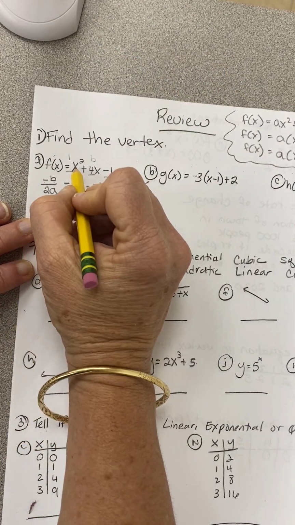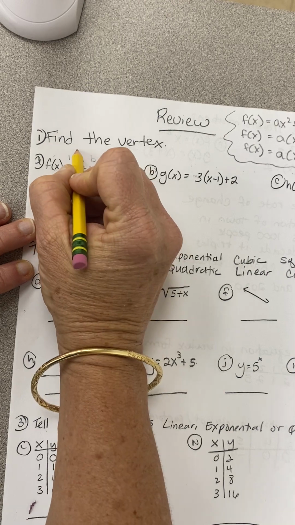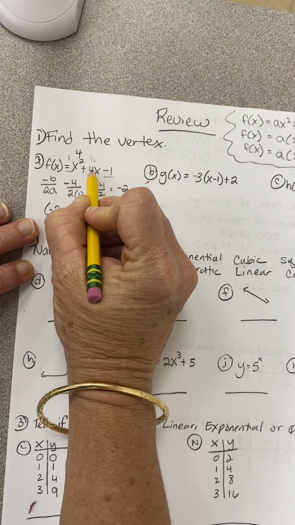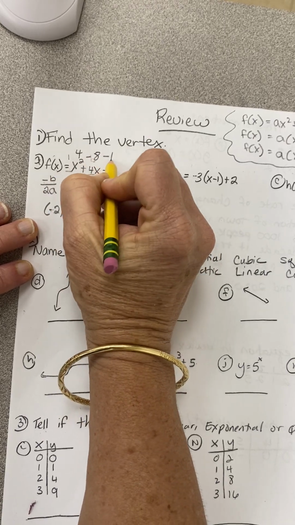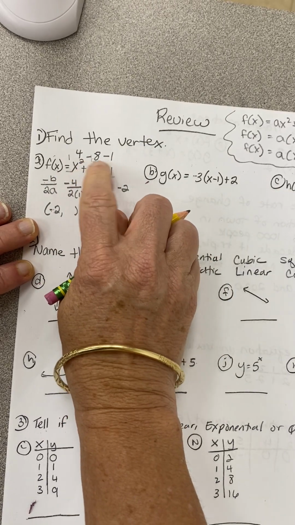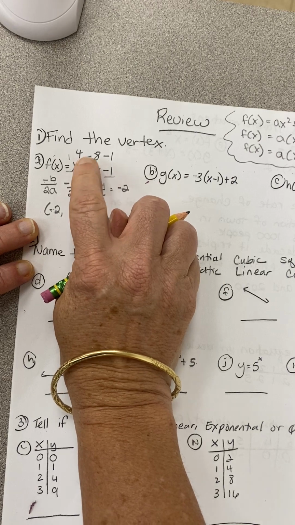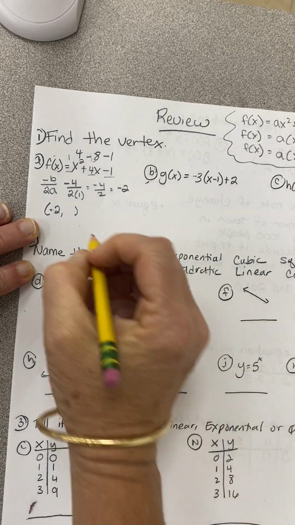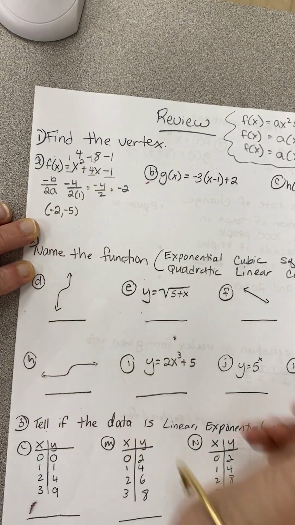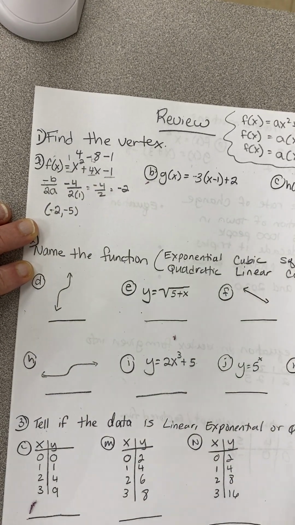All right, so negative 2. Negative 2 squared is 4. 4 times negative 2 is minus 8, and I have minus 1. So 4 minus 8 is negative 4. Negative 4 minus 1 is negative 5. So my vertex is negative 2, negative 5. Okay, let's look at the next problem.